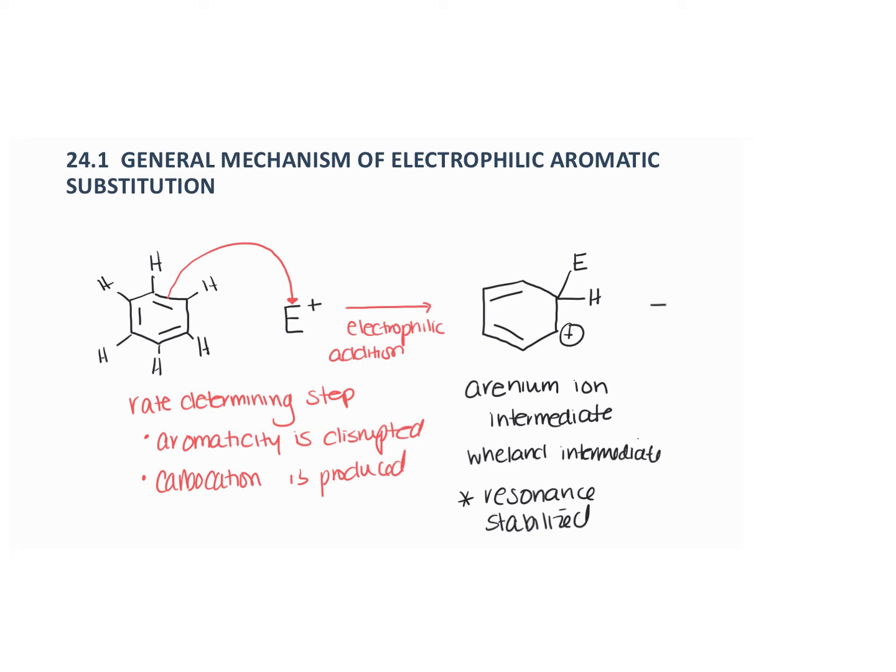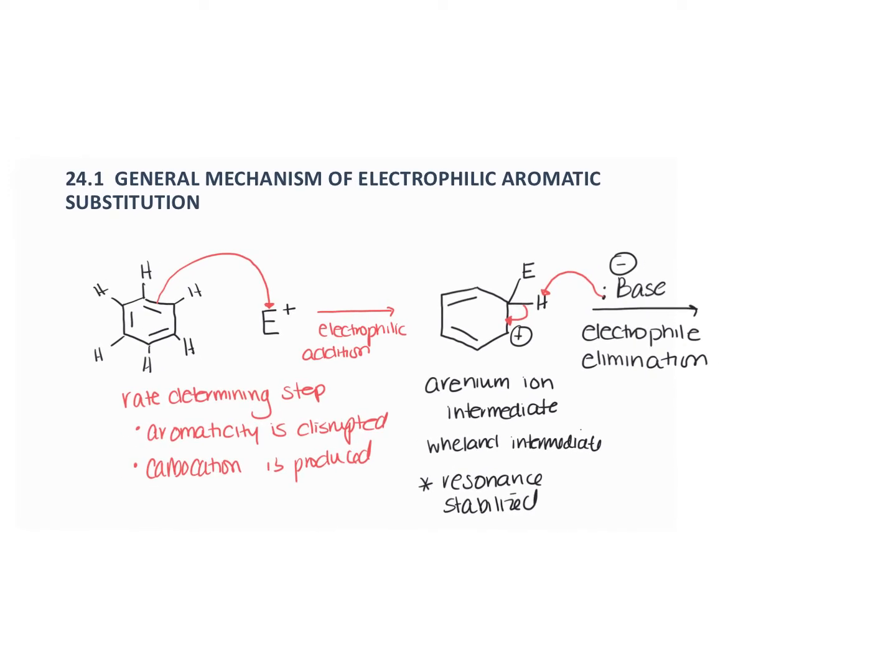And so what happens here in step 2 is that you have an electrophile elimination, where a generic base with a negative charge is going to come in and steal this proton, and then those electrons are going to go back here and form a double bond. And so through this reaction, we've restored aromaticity and we've added the electrophile.